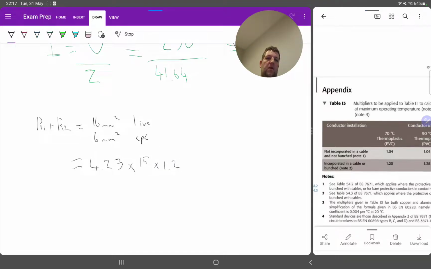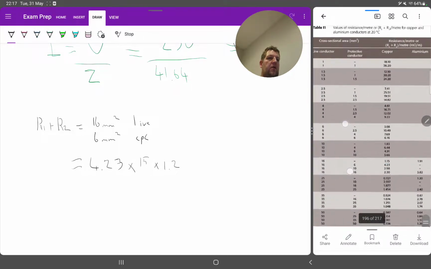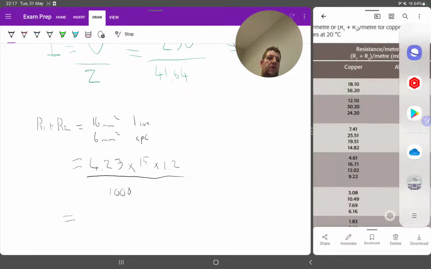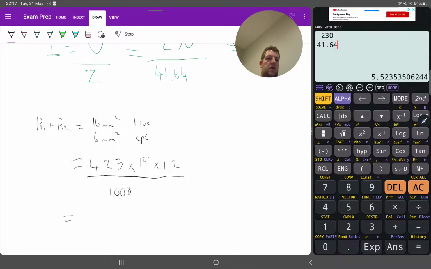And if we go back to our initial table, if you look at the top, it states milliohms per meter. So to get ohms, we divide the full answer by 1000. So if we load the calculator back on the screen, onto this side, clear it off.